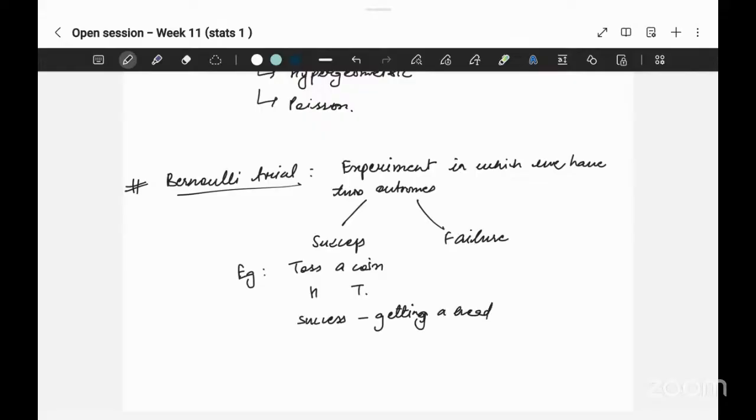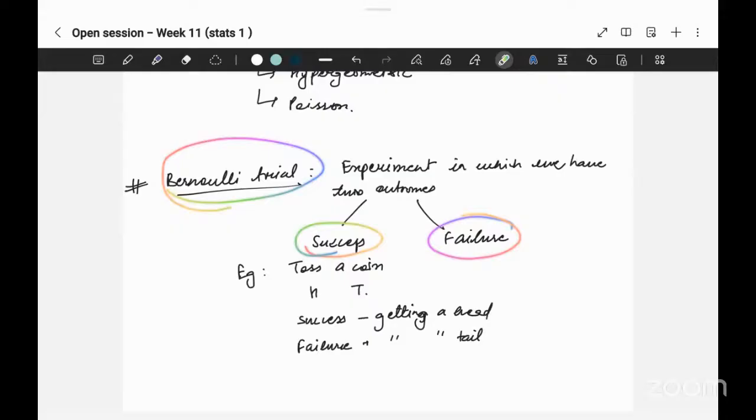So what will be my failure? Getting a tail. So in an experiment in which I can bifurcate my outcomes into a success and a failure, only then can I say that it is a Bernoulli trial.